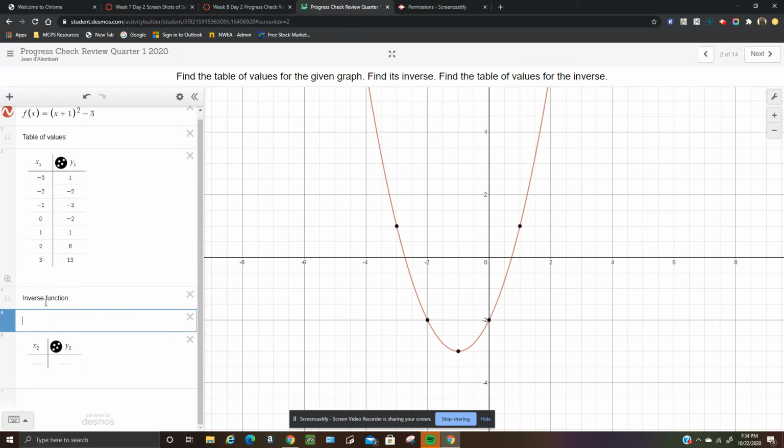The inverse function. So the last thing I did was subtract 3. So I'm going to add 3 to x and then take the square root. So g of x equals the square root of x plus 3 and then minus 1.